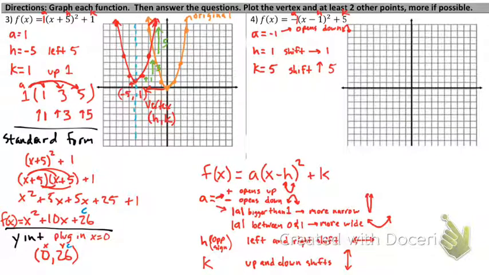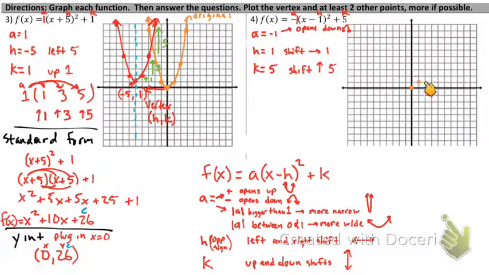Let me get my original down. We'll put that in orange again. This is your vertex, and it always starts at 0, 0. We're going to do the over 1, the 1, 3, 5 pattern. Go over 1, up 1.